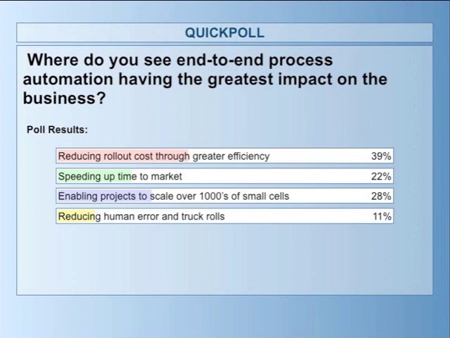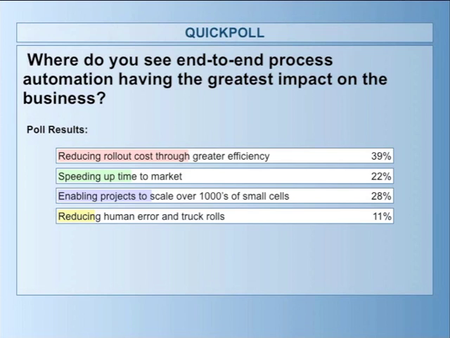The other answers are quite interesting as well. So second is enabling projects to scale over thousands of small cells. And in fact, yes, that is particularly an interesting aspect. That is one that we've been told is a challenge today.